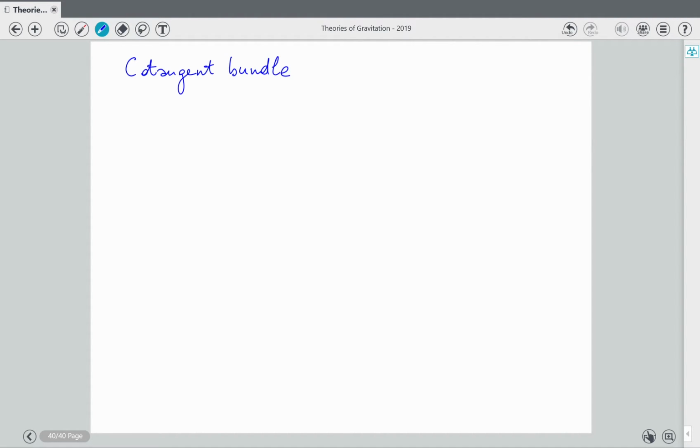What is a cotangent bundle? It's denoted by Tm star, and as before, it's the union for all points of the manifold, which is called base manifold, as before, of the cotangent spaces Tp star.